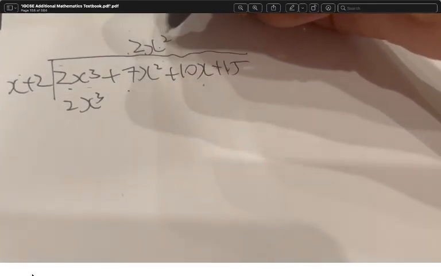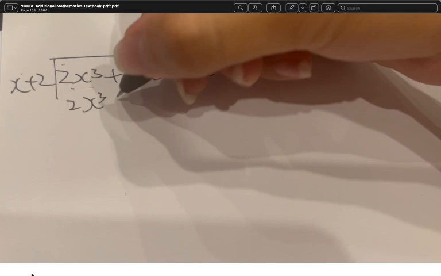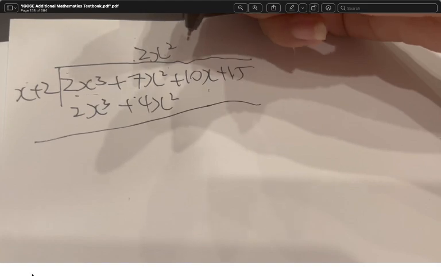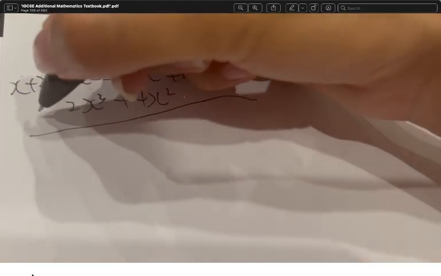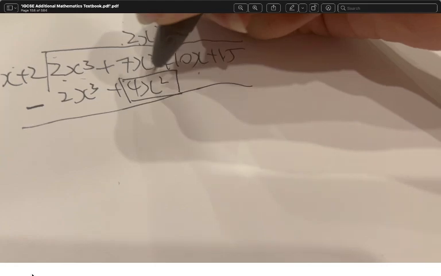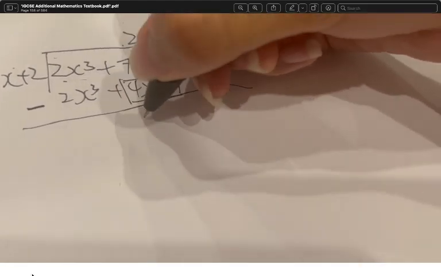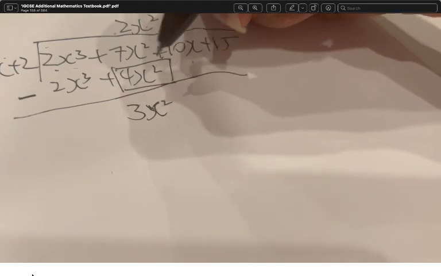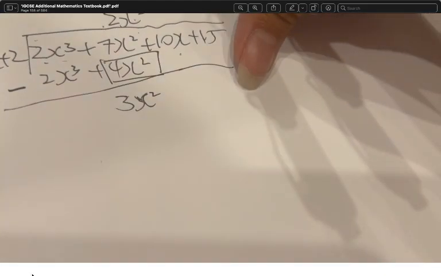To keep on dividing, 7 minus 4, so as to obtain 3x². The two coefficients will subtract with each other.